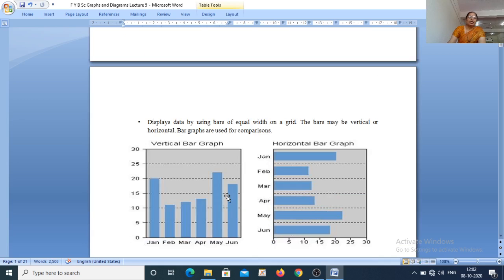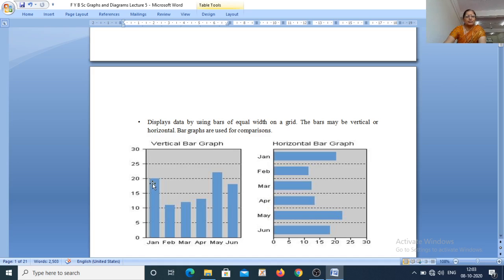Similarly, another type of graph we use in our day-to-day life is the bar chart, which is in either vertical or horizontal form. For example, the number of books sold in a departmental store in the months of January, February, March, April, and so on can be written like this.